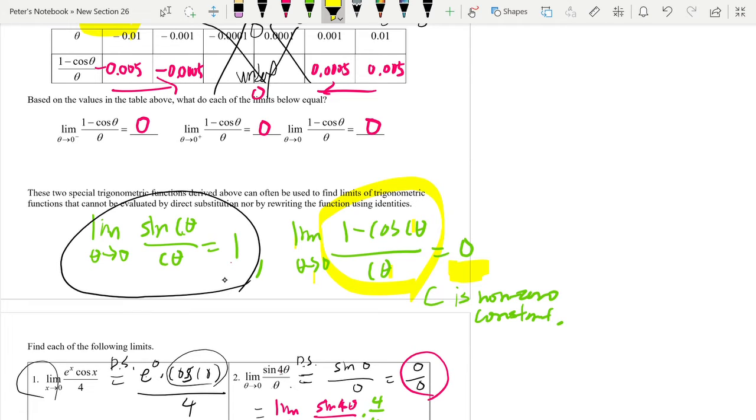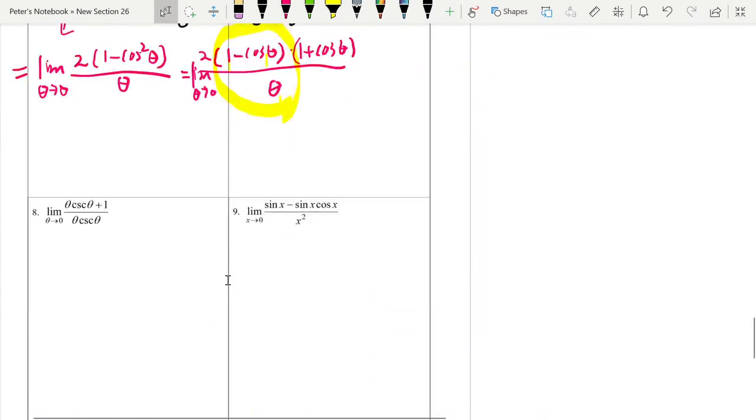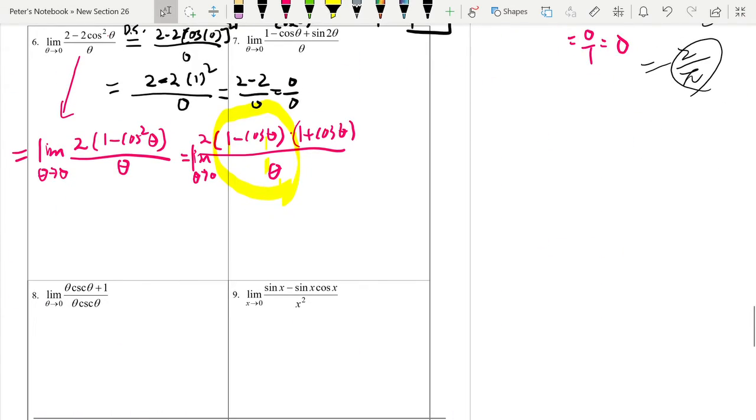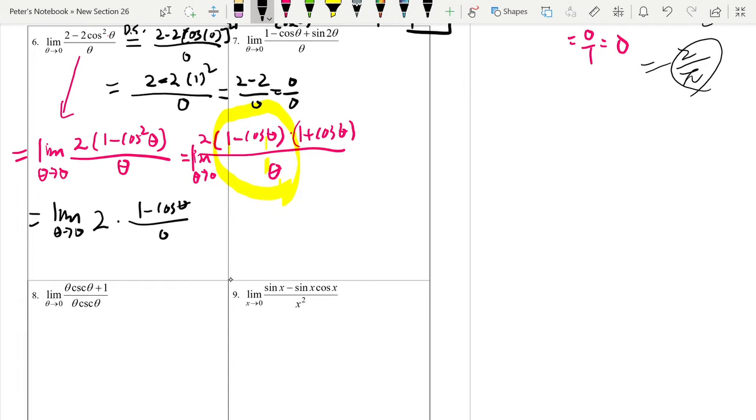So we'll use this fact to help us out here. I'm going to break this apart a little bit. The limit of, factor 2 out first, 2 times 1 minus cosine theta over theta. That's one piece, the first piece, and the second piece is times 1 plus cosine of theta.